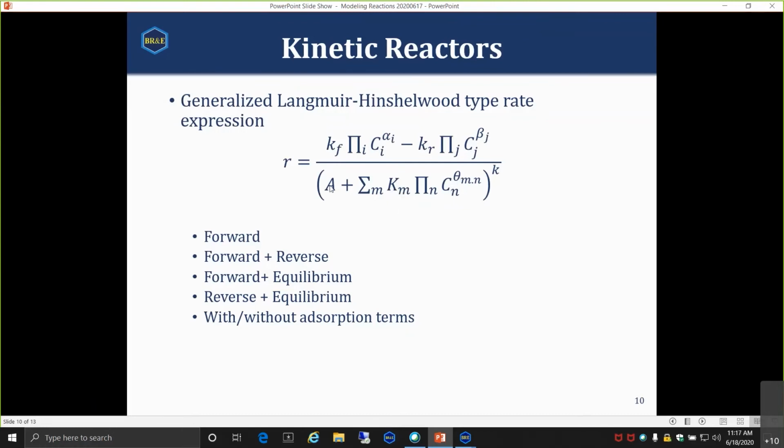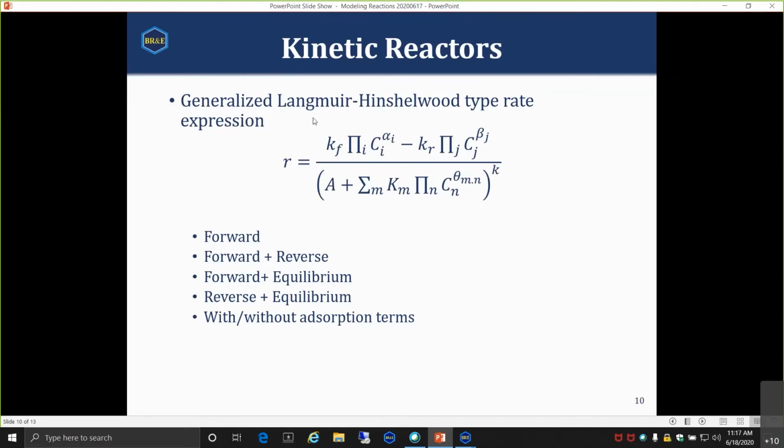You have a constant out front, and all of this gets raised to a specific order as well. Most of the time, this order is 1. This constant is 1, and that's the default settings for those. But when we go into the interface, you'll see that you can change those for the cases when it is different.